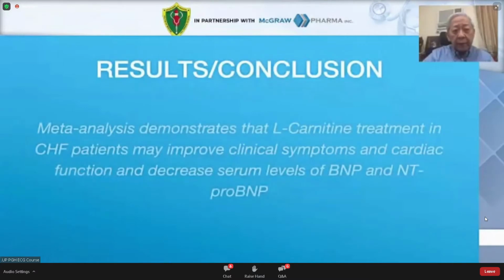Because of this, his conclusion in this meta-analysis is that L-carnitine treatment in congestive heart failure patients may improve clinical symptoms and cardiac function and decrease serum levels of BNP and NT-proBNP.